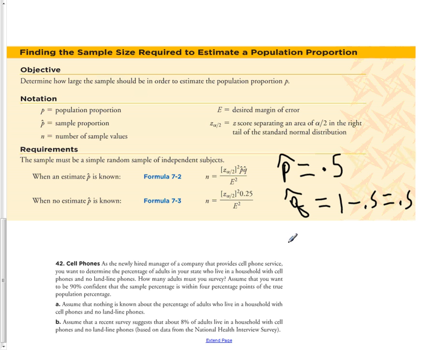And p hat times q hat is equal to 0.25. So that's where that number comes from. It's really the product of 0.5 and 0.5. If we don't have an estimate already, we assume that p hat is 0.5. So let's take a look at this example.